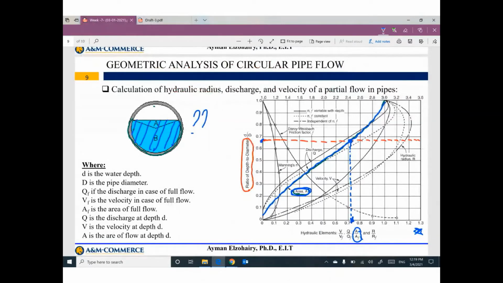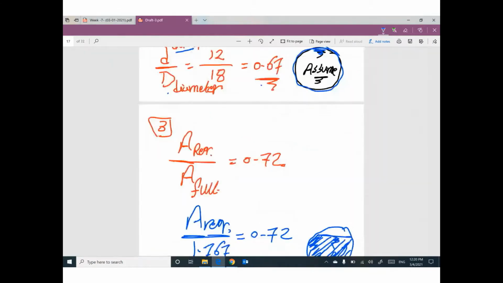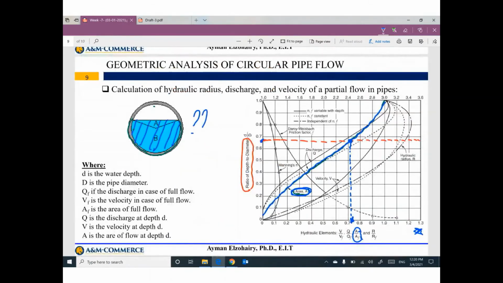Do you agree it's 0.72? That's right. What does 0.72 represent? Area required divided by area full. So the final conclusion: area required divided by area full equals your number 0.72. Do you agree?